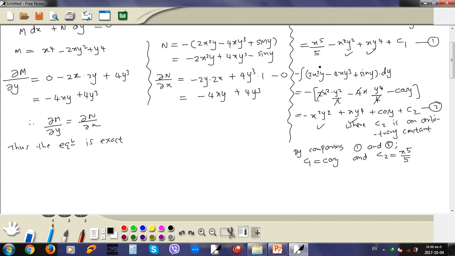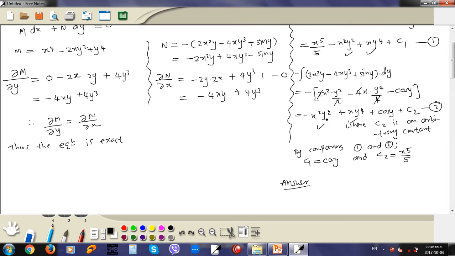Why? Instead of c1 you can write cos y, and instead of c2 you can write this one, then both are the same. Now you can write the answer. What is the answer? You can write 1.